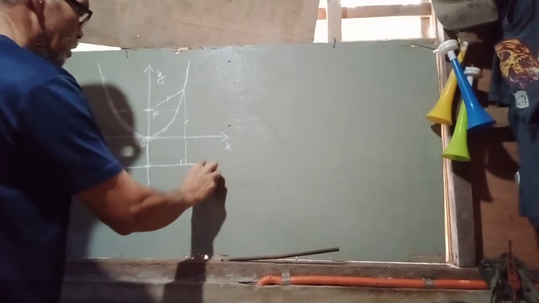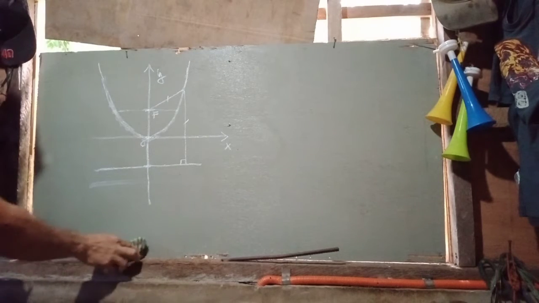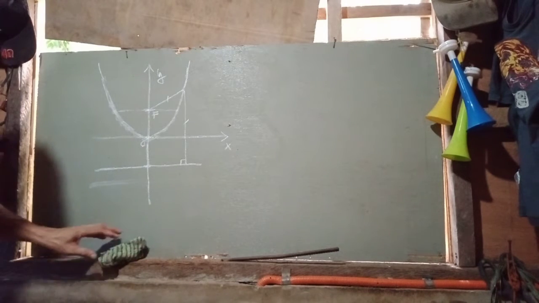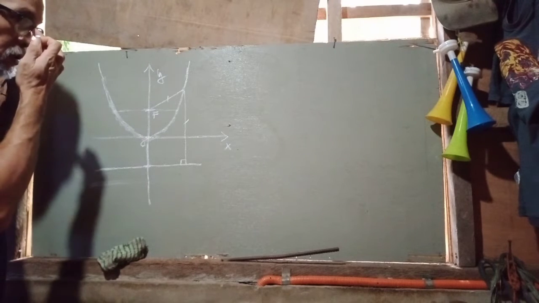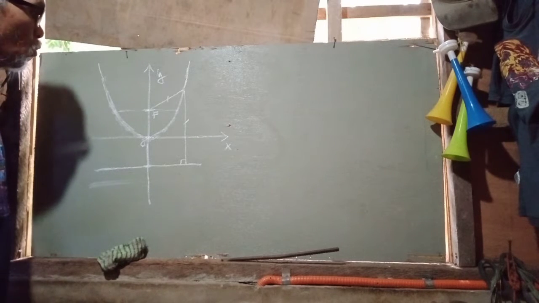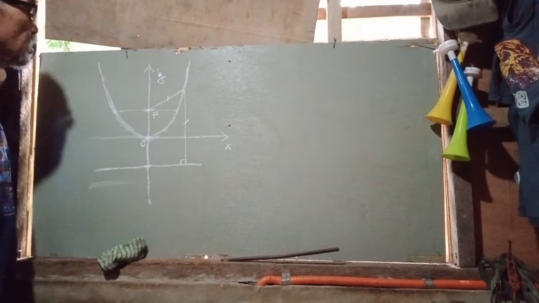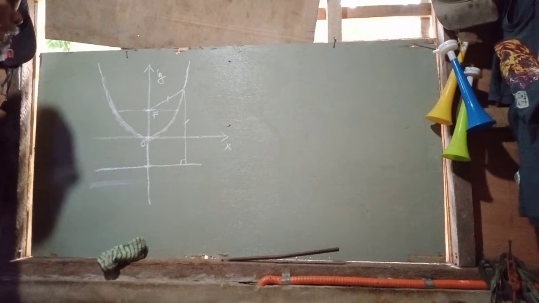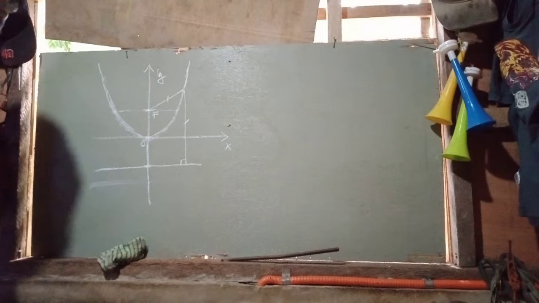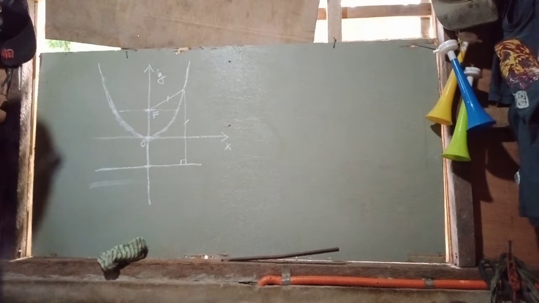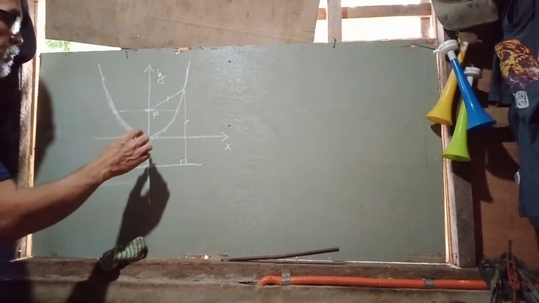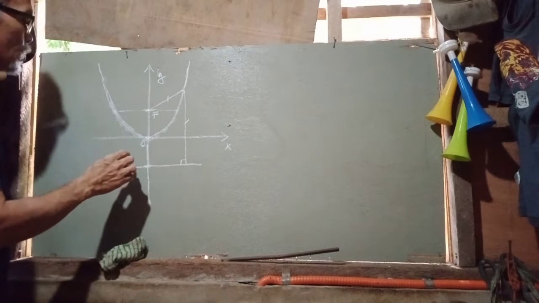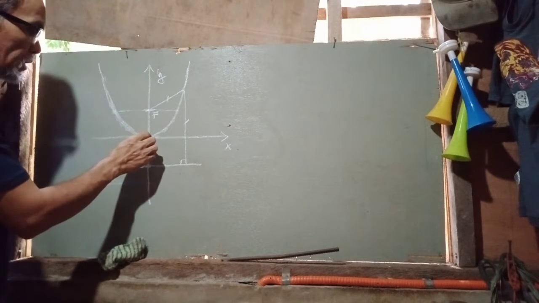What is shown here on the board is a figure of a parabola. First of all, we have to identify the components or the parts of the parabola. First, we have to know the vertex.